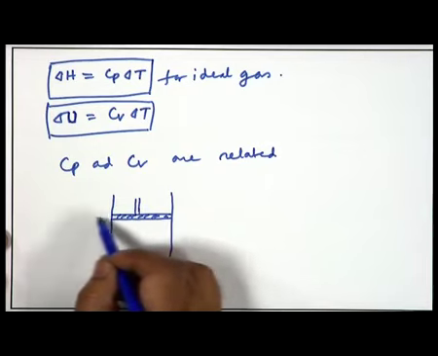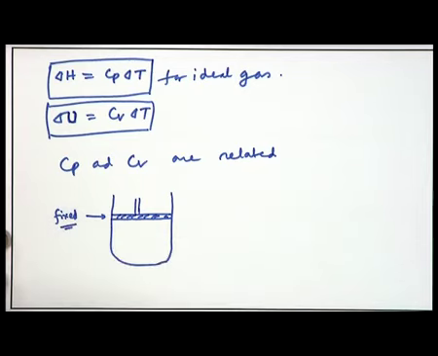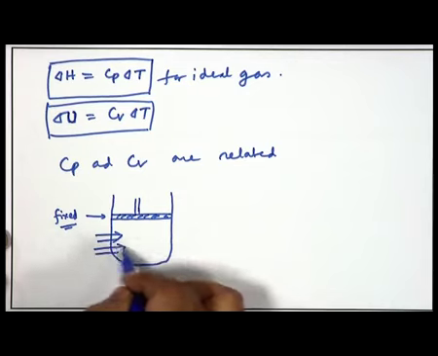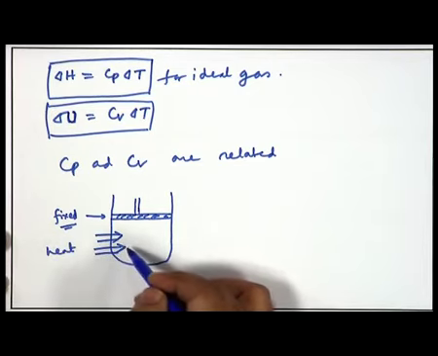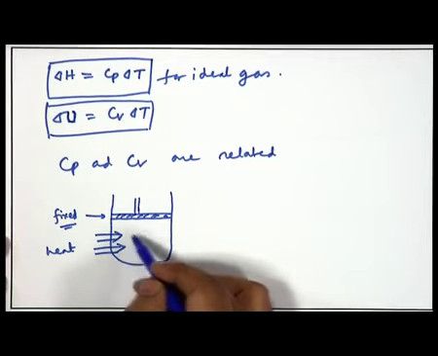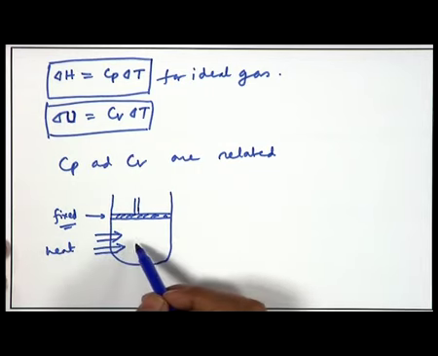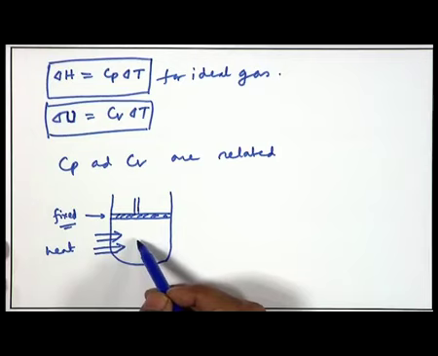First we consider that this is fixed, so the volume does not change, and we supply some heat. Because we are supplying heat, it will increase the internal energy, and the temperature of the system will go up.